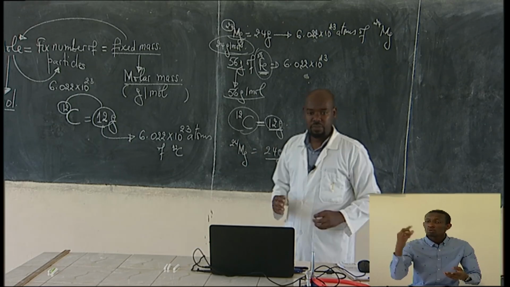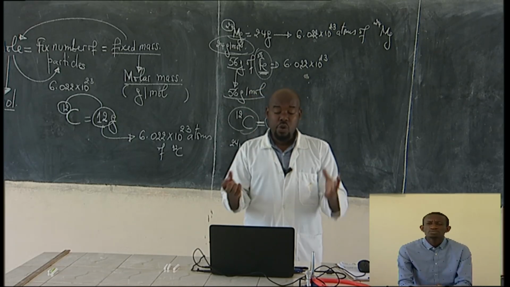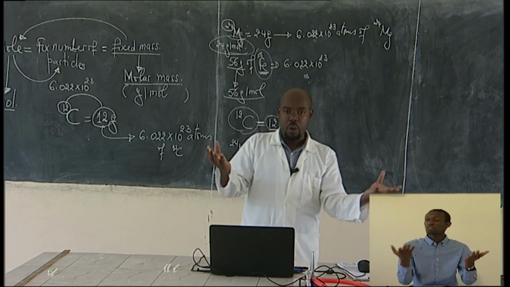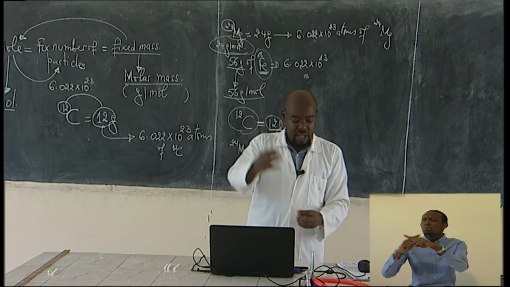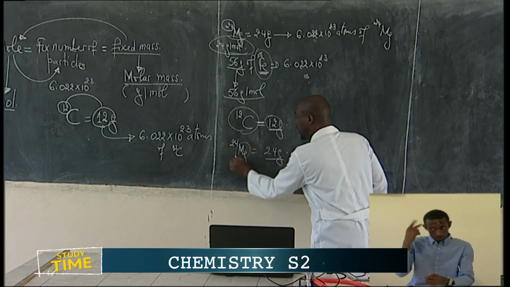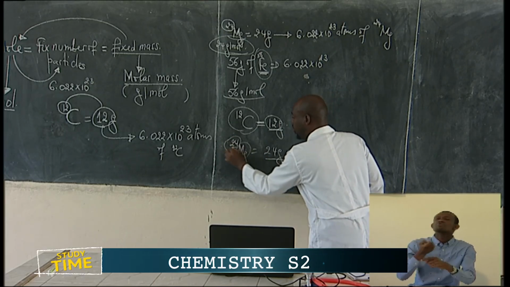And what does it mean? When you compare, you find it weighing double of carbon. Because it is double, you deduce that the mass of magnesium should be 24.